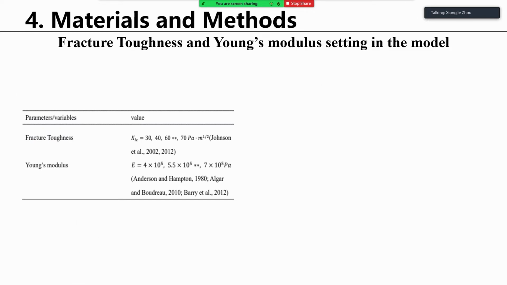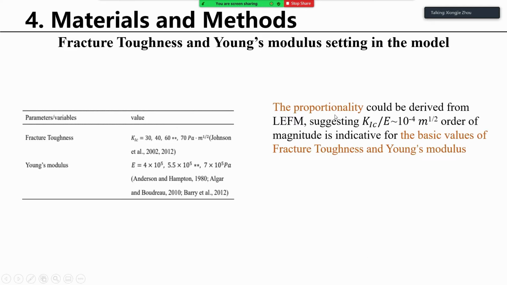The fracture toughness and the Young's modulus settings in the model are shown in a picture on the left. The proportionality could be derived from linear elastic fracture mechanics, suggesting the ratio K1C over E, on the order of 10 to the power of minus 4, is indicative for the basic values of fracture toughness and Young's modulus.